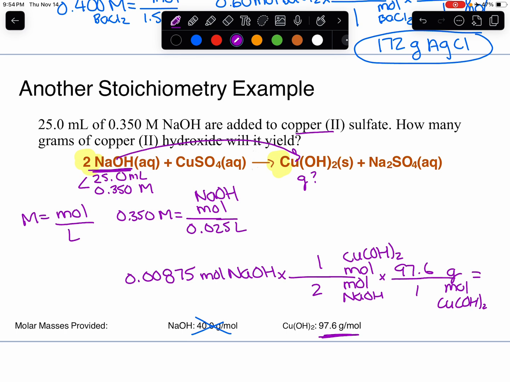So take 0.00875, divide by 2, get an answer, multiply by 97.6, and my answer is 0.427 grams of Cu(OH)2. My molar mass ended up being a tiny bit different, not very much different, just a few extra decimals, so my answer may be a little different than yours. Okay? Thanks so much for listening.